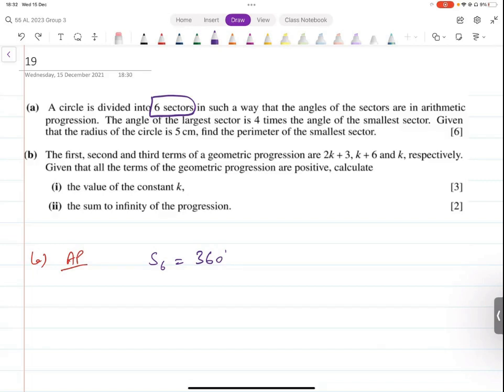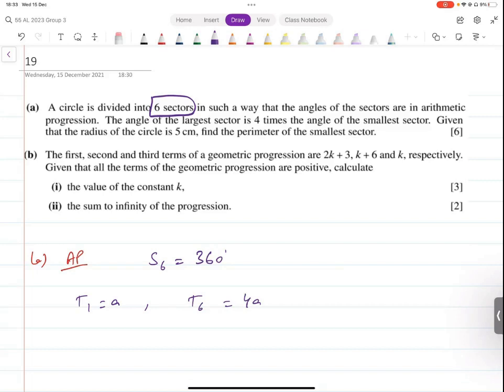So if we say they are in ascending order, इसको ascending order में arrange करें, so our first term will be A, right? First term को हमने A कहा, so the first term is, let's say, A. The largest angle is then going to be 4 times A. What is the largest angle? The 6th angle that we have.